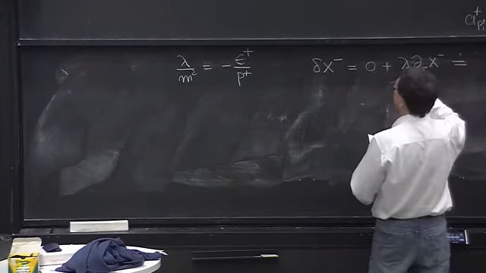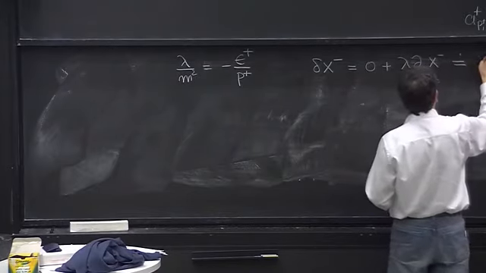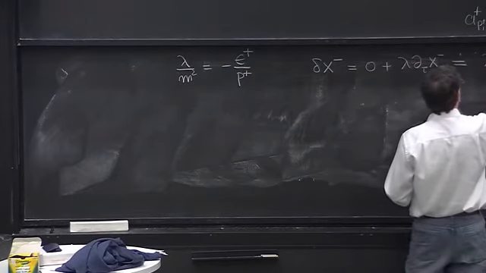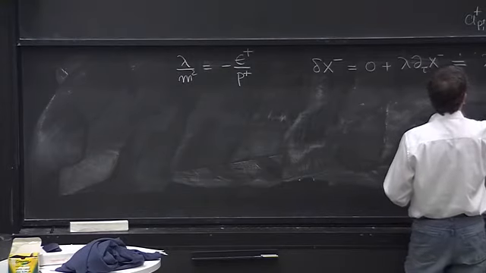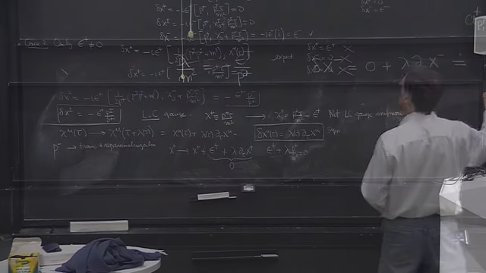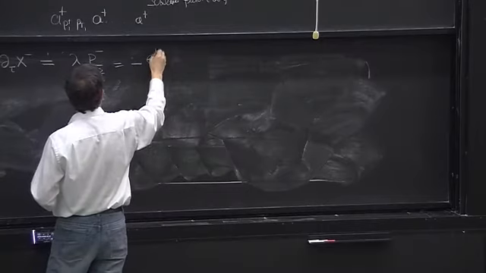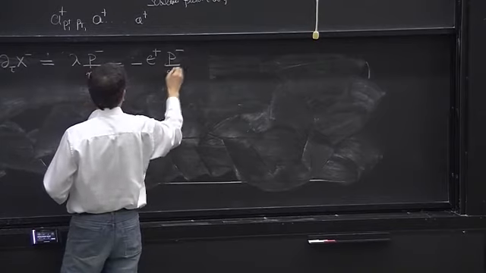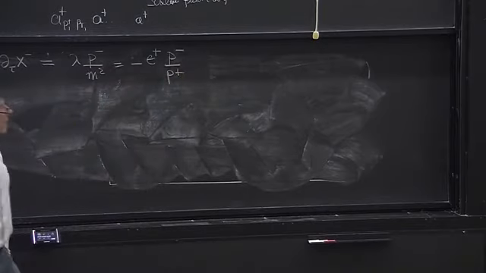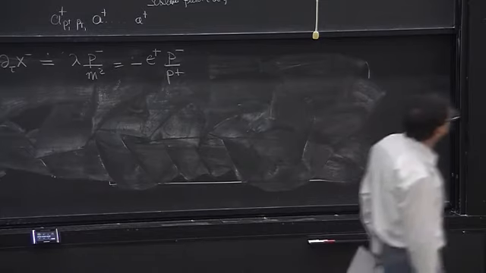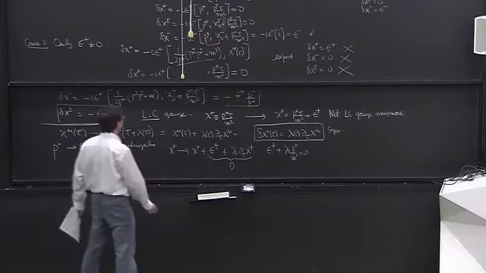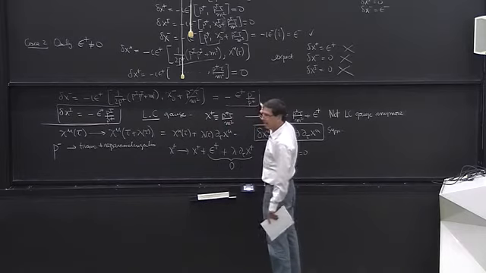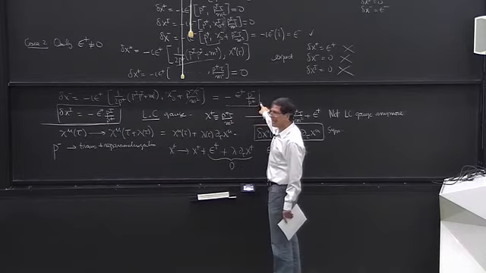And what is λ? ∂_τ x⁻ is p⁻ over m², and λ over m² is minus ε⁺. Then you get p⁻ over p⁺. And here it is, δx⁻. It's exactly that. That's what it did.